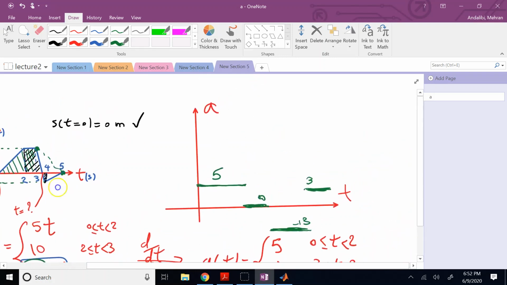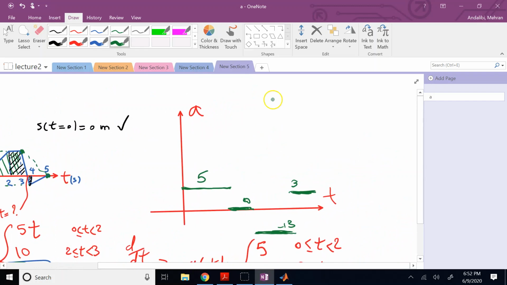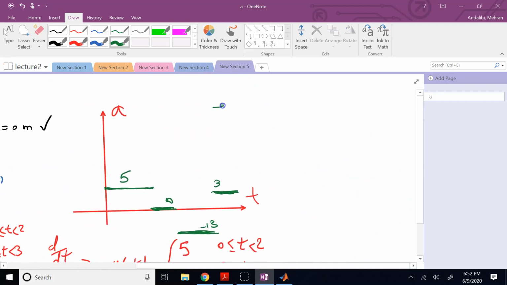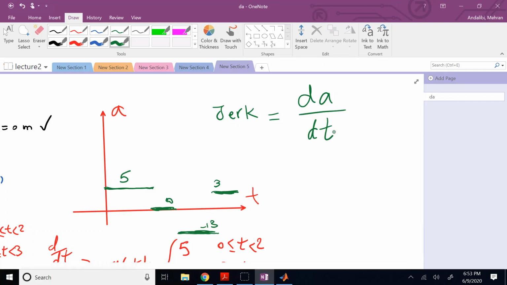By the way, the word jerk is not a bad word in dynamics. Jerk is another thing you probably have not heard in your physics. Jerk, J, is the time derivative of acceleration, dA over dt. If you take another time derivative from acceleration, that quantity is called jerk.